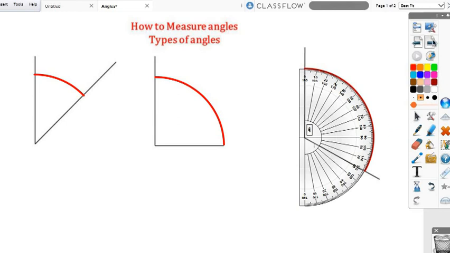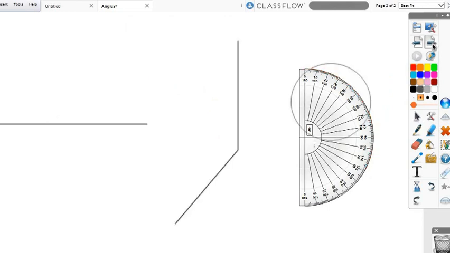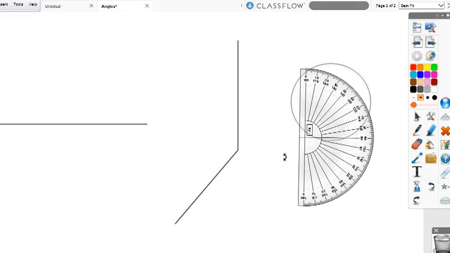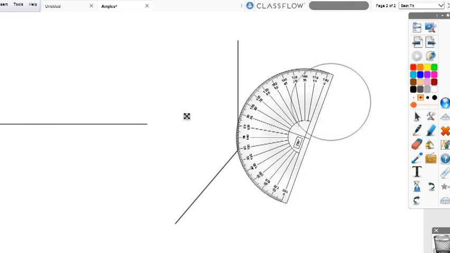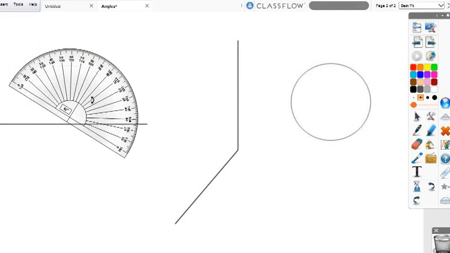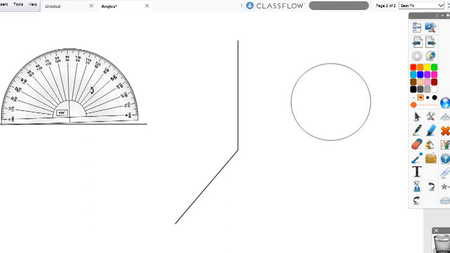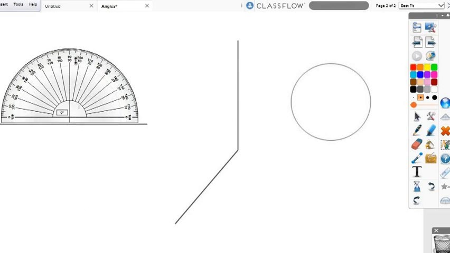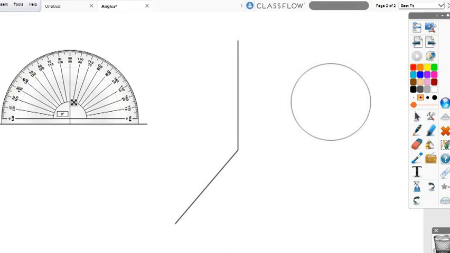Now we'll go to another angle that we have to measure. We have our angle here that we need to measure. And this line is a straight line.